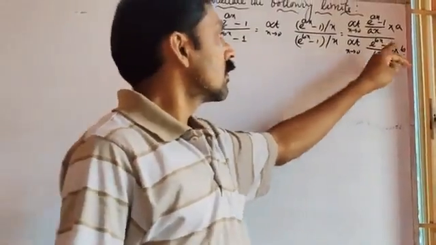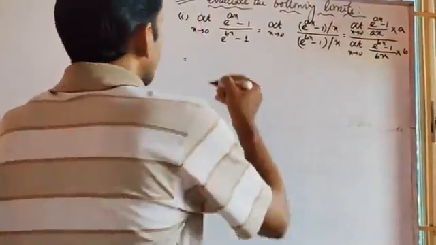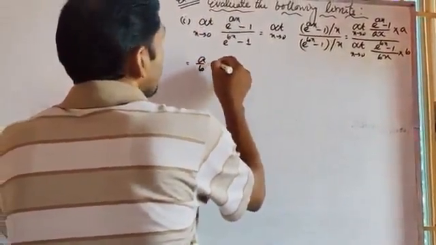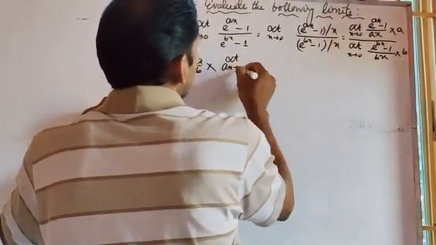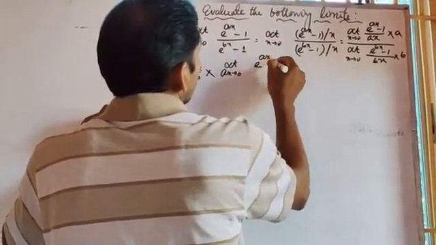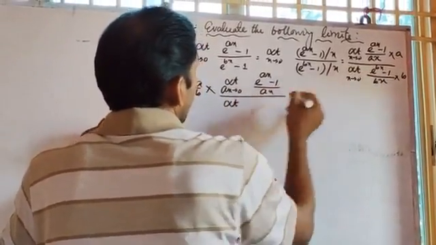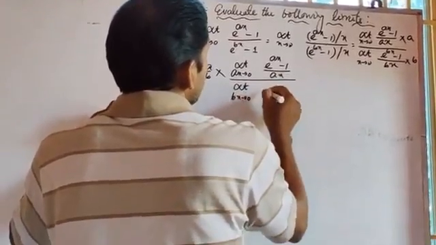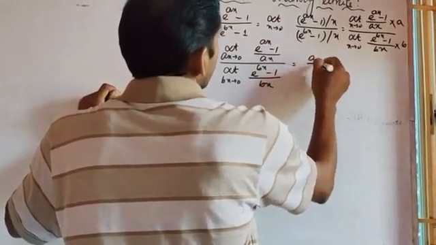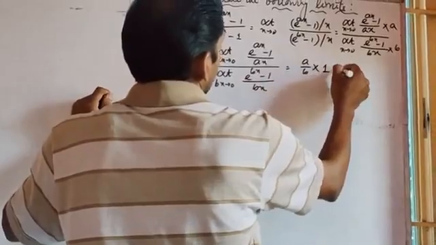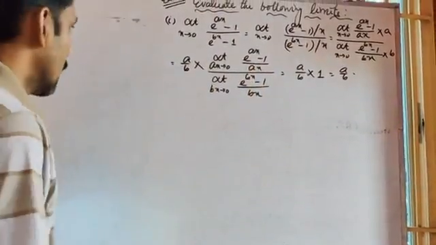So here a by b, so you can take a by b common into the limit x tends to 0, e to the power ax minus 1 by ax, by limit bx tends to 0, e to the power bx minus 1 by bx. So it is a by b into 1. That is a by b, because this value is 1.